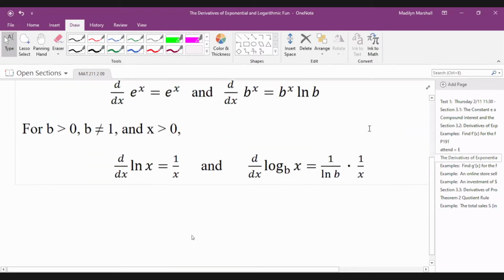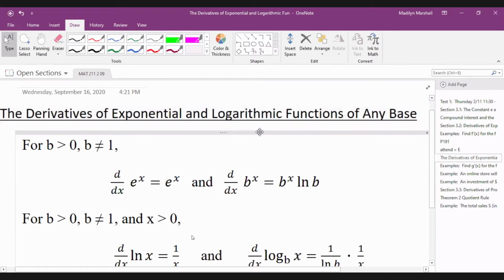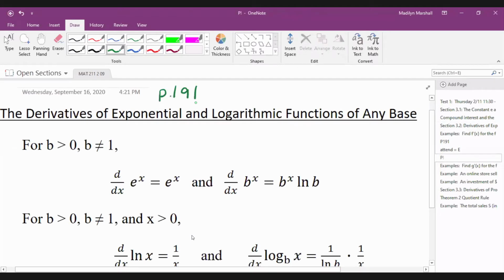And let me make sure, yeah, it's all in here. All of this is on page 191. I'll give you a minute to take that in.